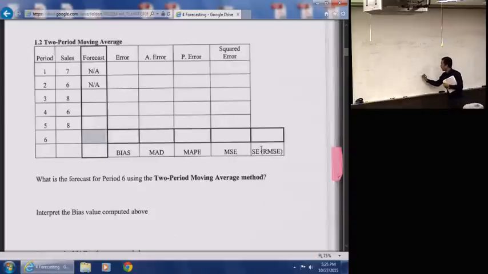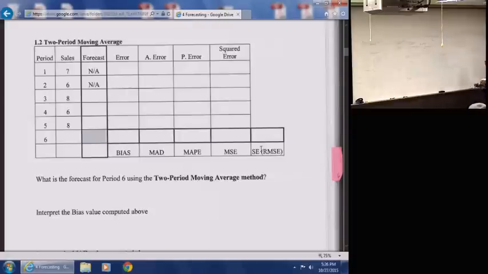What does MAD equal? 1.17. Yes, you just take the average of these three numbers. What is MAPE?